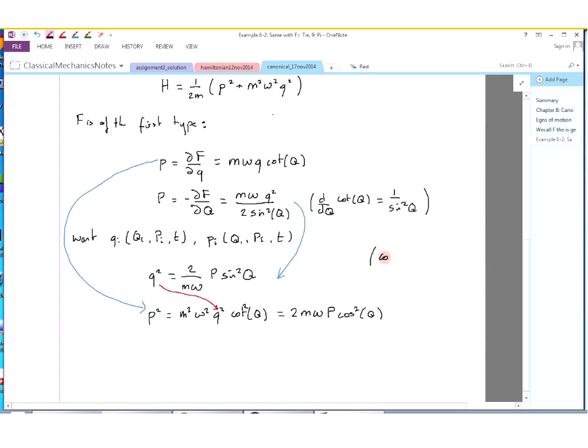Remember that cotangent is cos over sine. So now we have q on the left in terms of big P and big Q, and then we have little p on the left in terms of big P and big Q on the right. So we found the transformation equations.